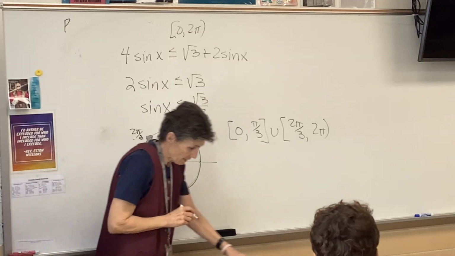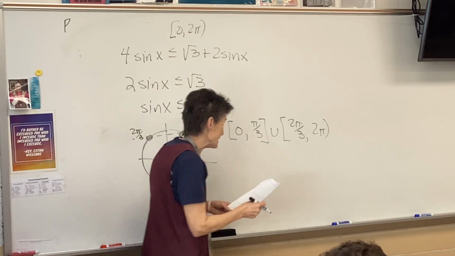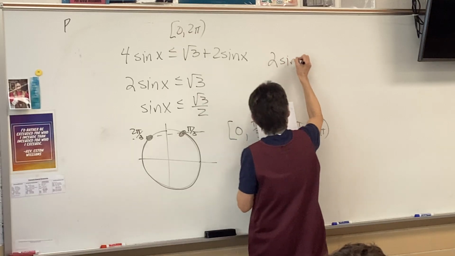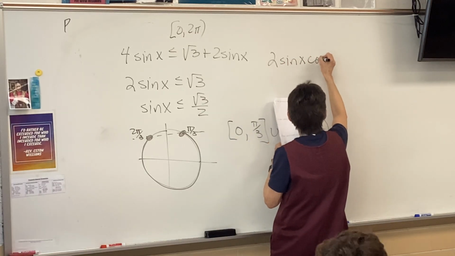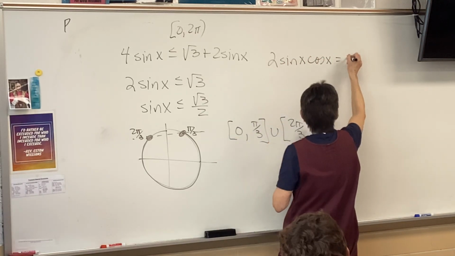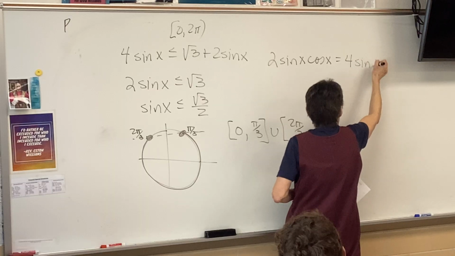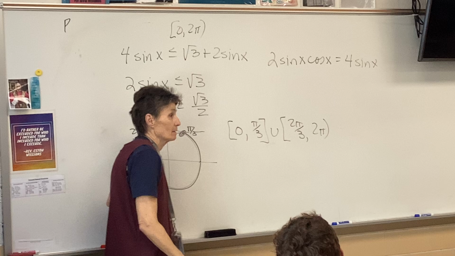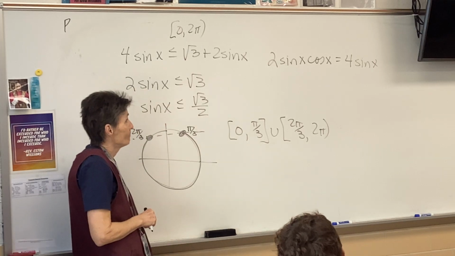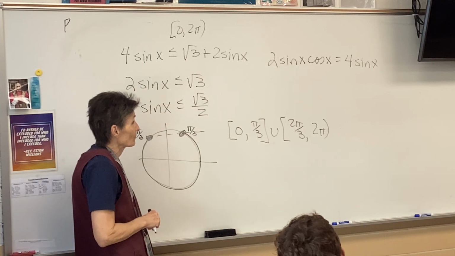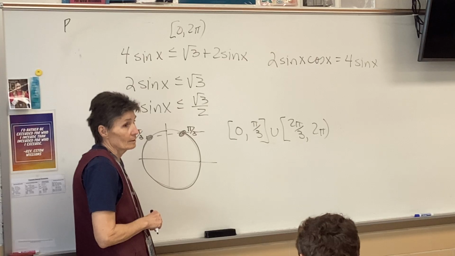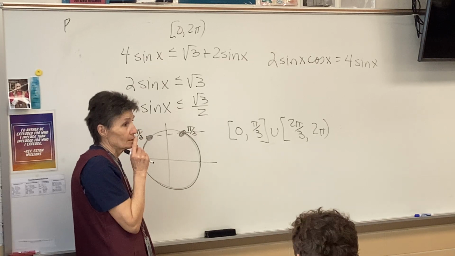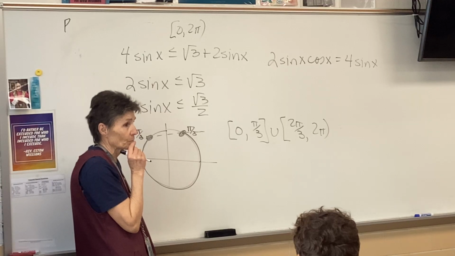Okay. Now, let's look at kind of an easier equation. Although, some of you did not do very well with this kind of equation on your homework. I saw a bunch of shenanigans. Do not divide by sine.